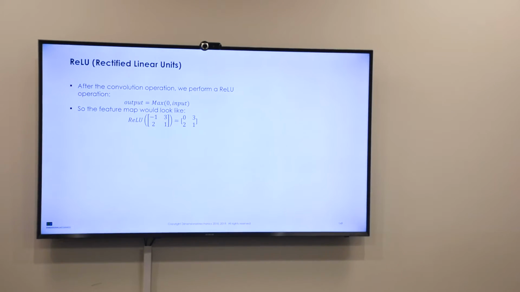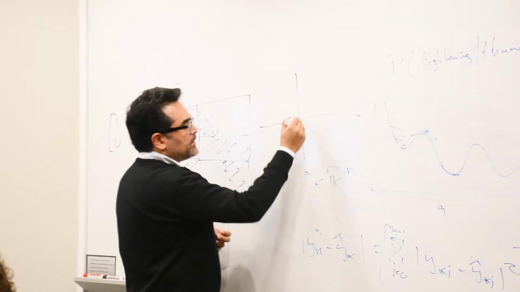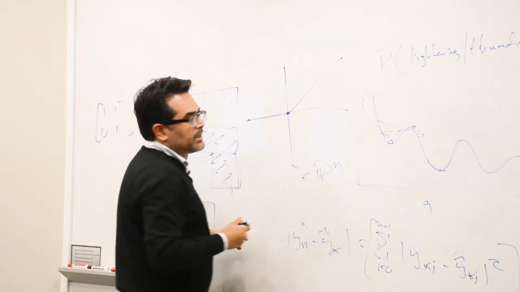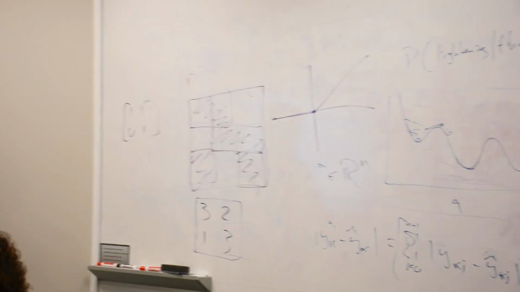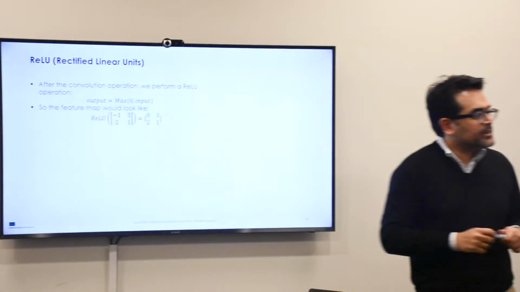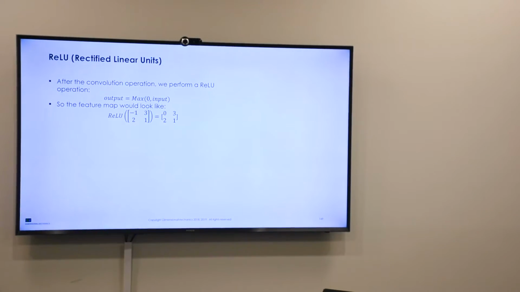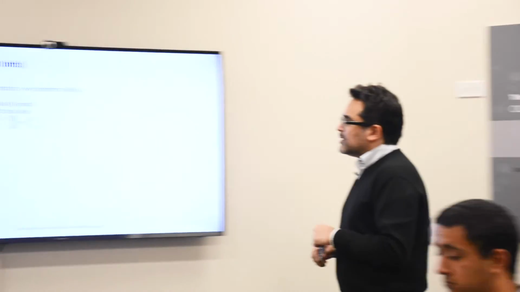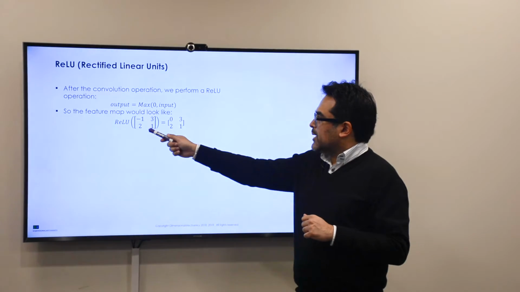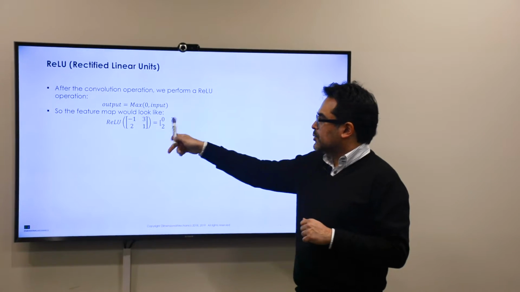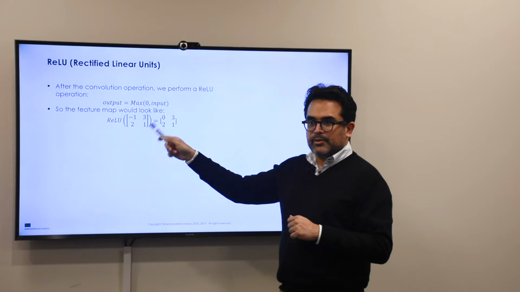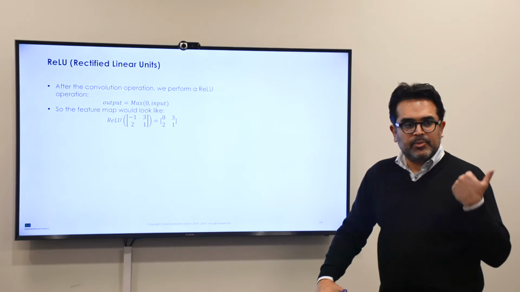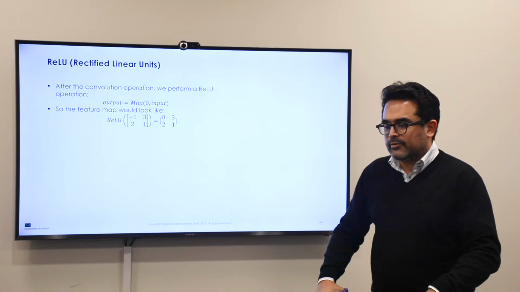And what ReLU does is that, the way to see it is that it's 0 until you hit a certain value, and then it increases linearly. Which basically means that for any negative value, it's 0. Any positive value is the actual value itself. So if we apply that, for example, if you have a feature map like this, -1, 3, 2, and 1, the -1 just gets mapped to 0, and then the rest are basically the original value. So what that does is it eliminates all negative values from my system, from my picture.